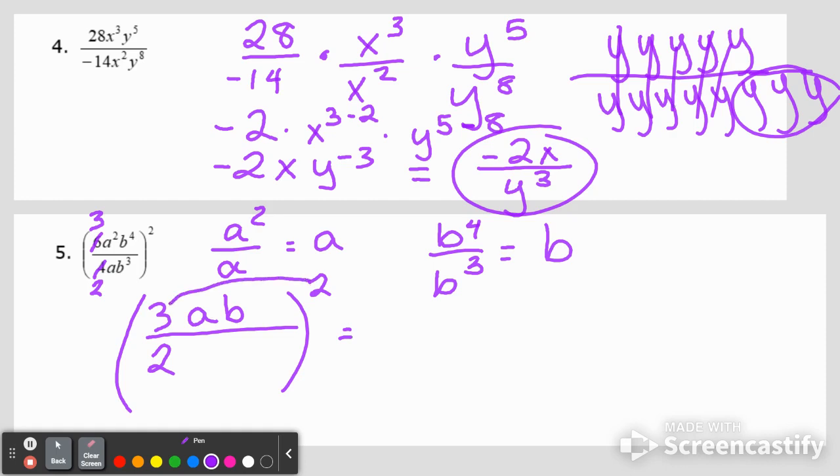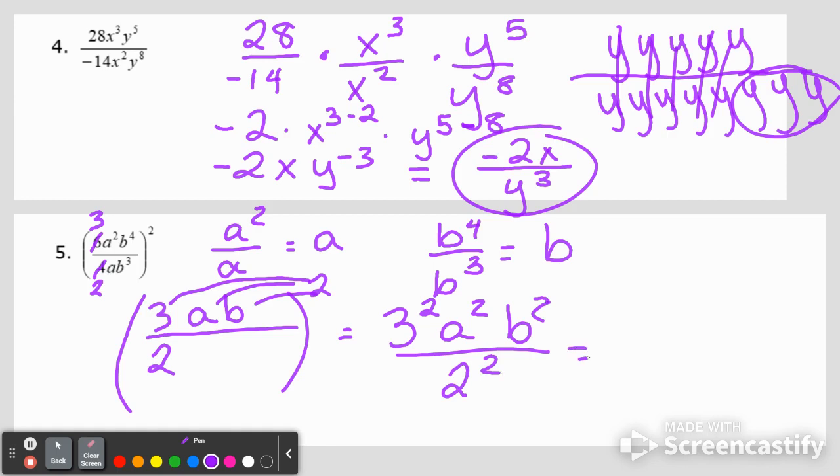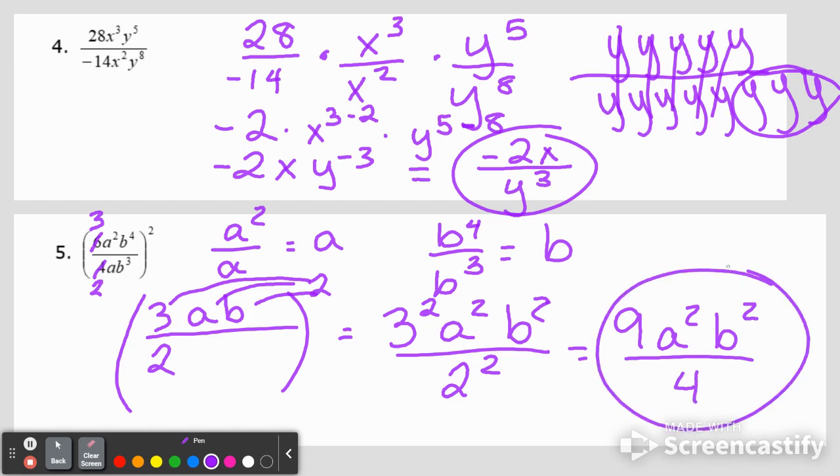So going to generously give that squared to the 3, also a squared, also b squared, and then in the denominator, don't want to forget about 2, and make sure I square that as well. So 3 squared will give me 9. A squared is just a squared, and then b squared all over 2 squared, which is 4. Now this is my simplified answer.